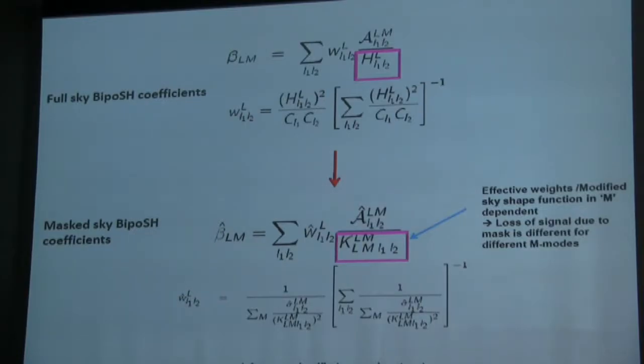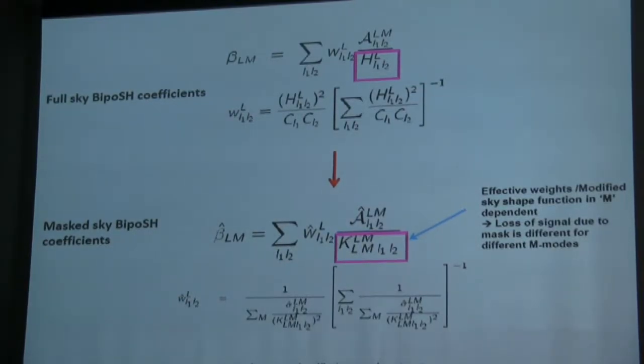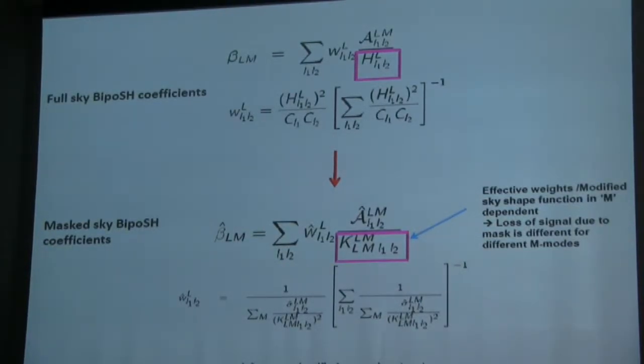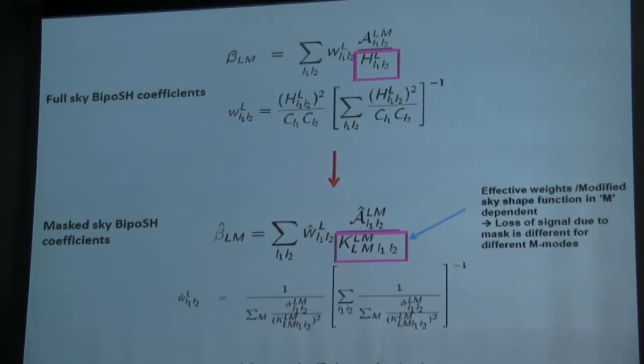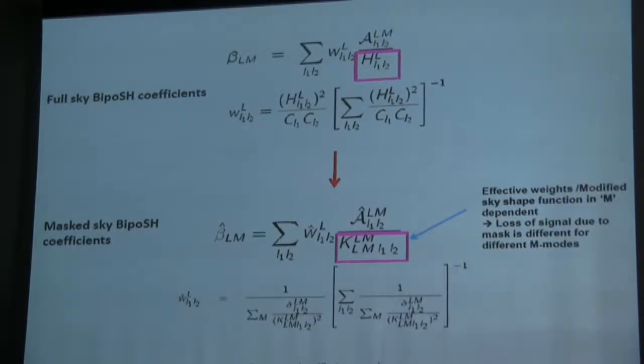But here you have to notice that the shape function is independent of the M mode. Since you are operating on the full sky, all the M modes get affected in the same way. So essentially the shape depends on L. But in the case of the masked sky, because the orientation of these Y_LMs is different, the different modes get affected differently.